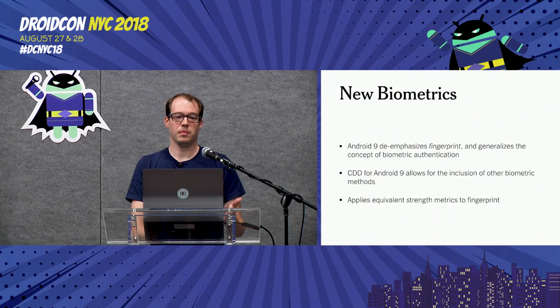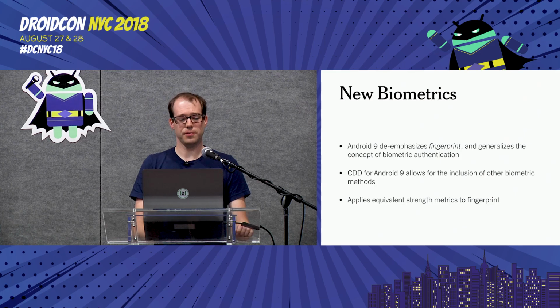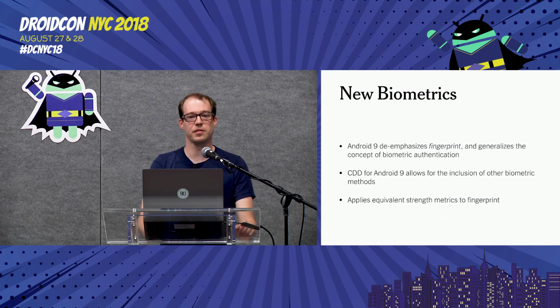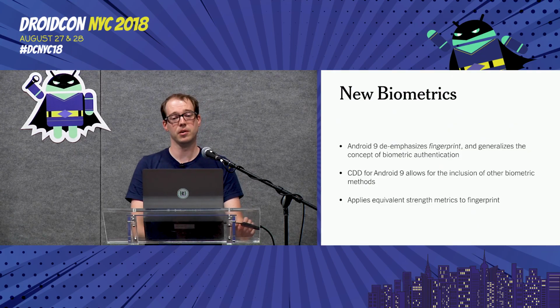Things like, for instance, maybe an iris scanner, or I know another platform out there has a facial ID recognition system, in addition to fingerprint. And it also sets out a set of strength metrics to make this kind of an apples-to-apples comparison to fingerprint. So you can make a decision on what these mean when your users use them in your app.